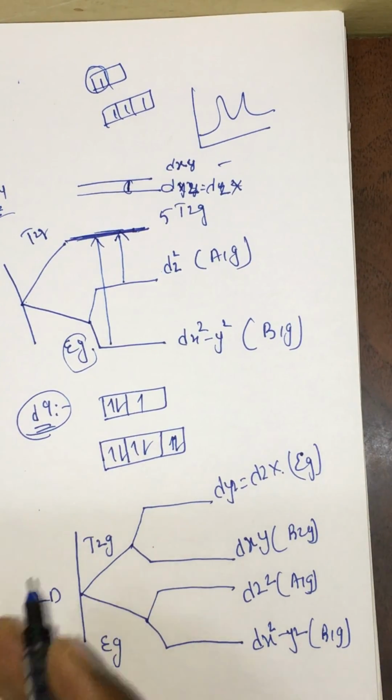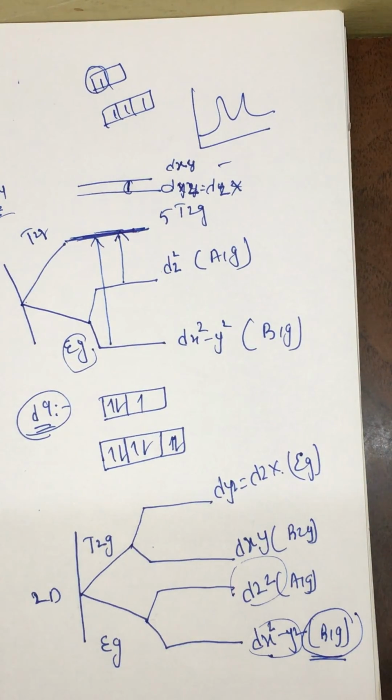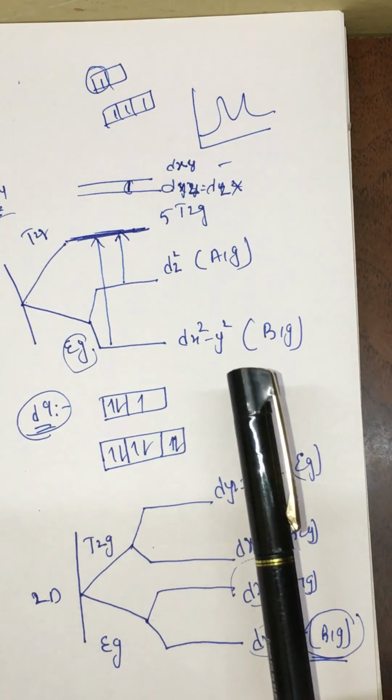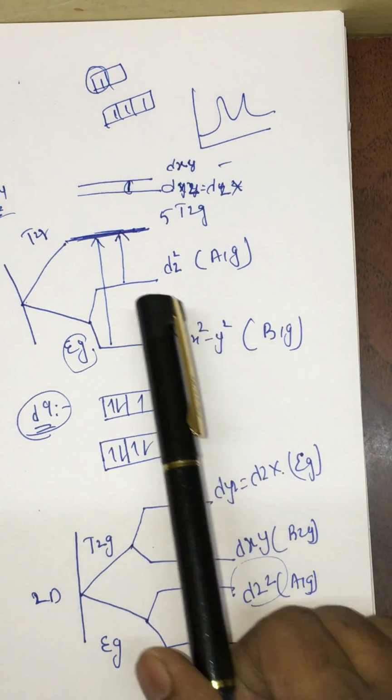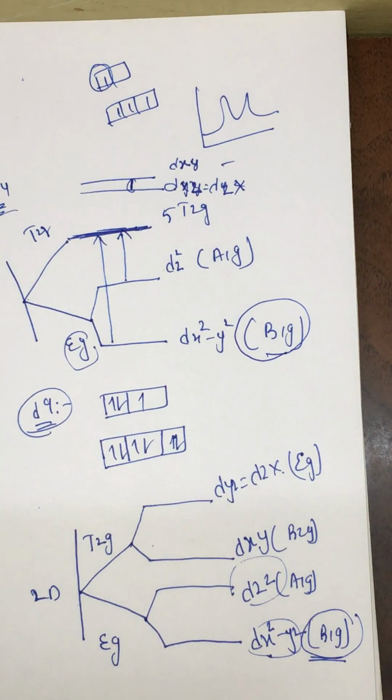So the ground state term symbol will be b1g. They will not ask dx square minus y square or dz square. The ground state term symbol will be b1g. And similarly for d4 also, the ground state term symbol will be b1g. So here we will get transitions, like that we will get 4 transitions.